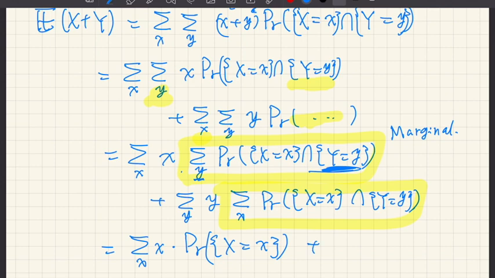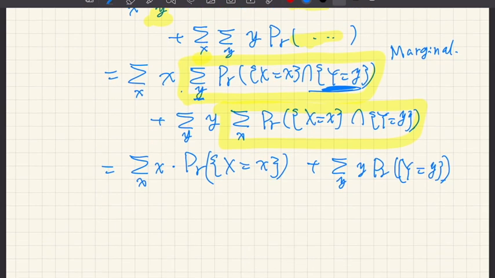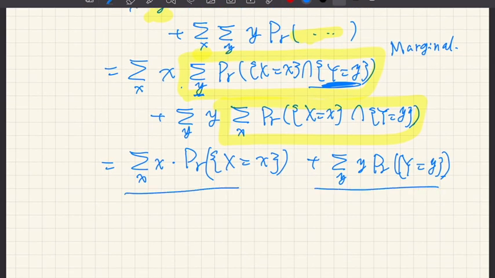And here what's left is just y. And these are the original definitions of the expectation value. So this is the expectation value of X, and this is the expectation value of Y.